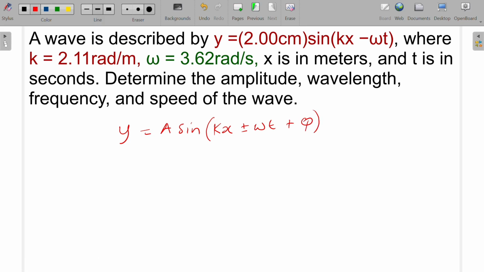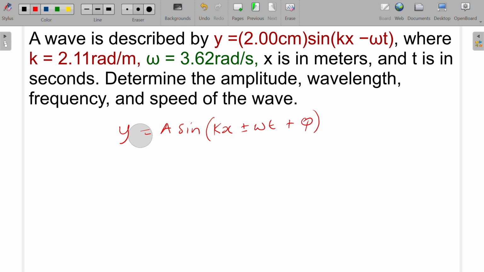So this is the general function for the displacement of a wave moving on a string, where A is amplitude, k is wave number, x is position, omega is angular frequency, t is time, and this is the phase angle.